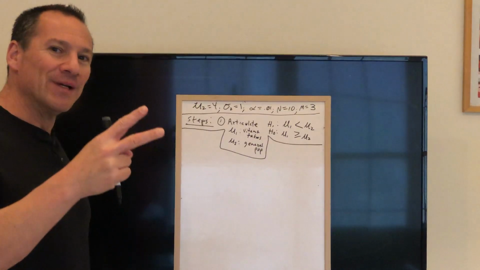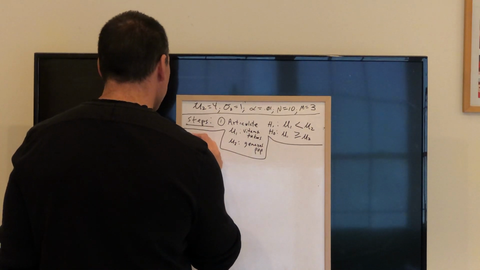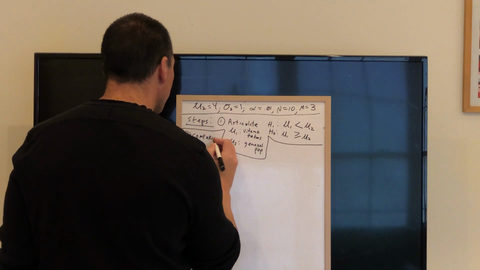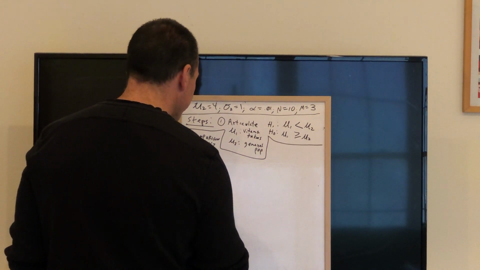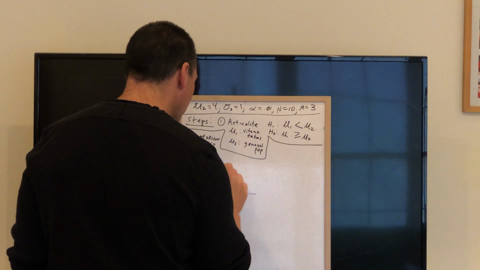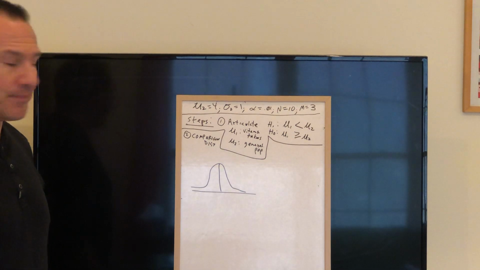Step number two is exactly what we've done before. Step number two is the comparison distribution. The comparison distribution is a distribution of means.